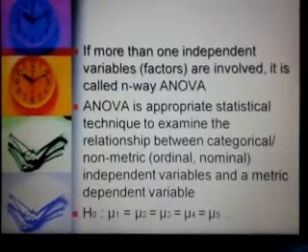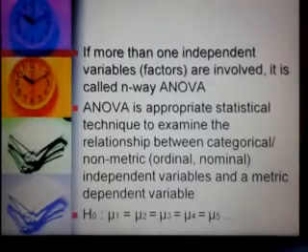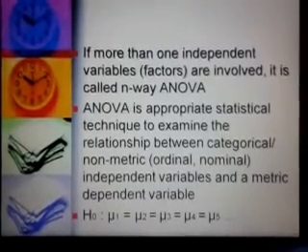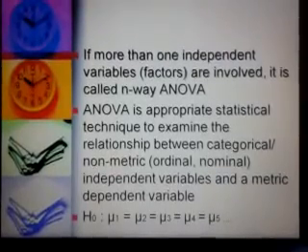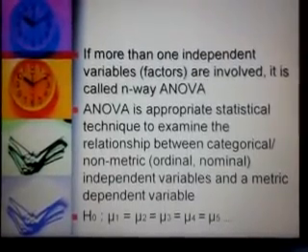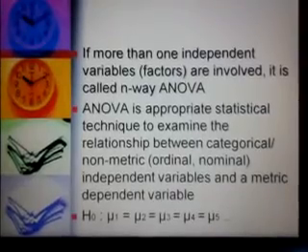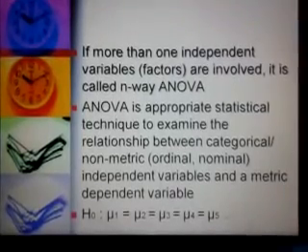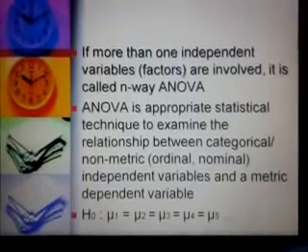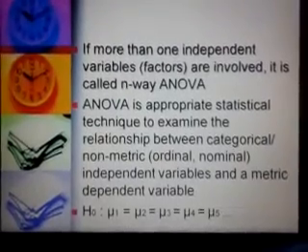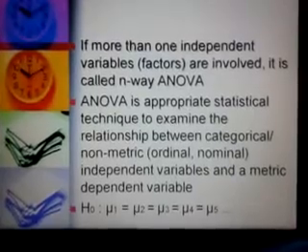So even if mu1 is equal to mu2 is equal to mu3 is equal to mu4 and is not equal to mu5, then the null hypothesis would be rejected. If all the means are equal, only then the null hypothesis will be accepted. If any one mean is not equal to any other, then the null hypothesis will be rejected.